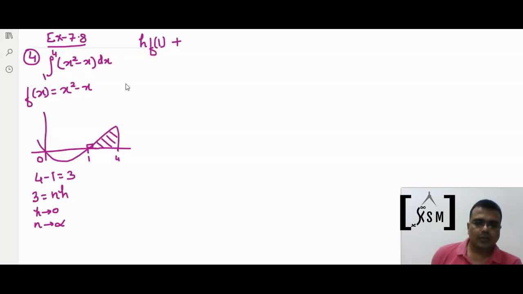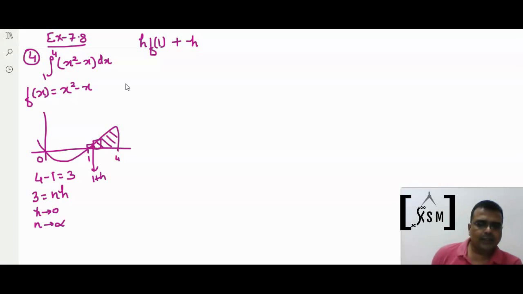The second rectangle's width would again be h, and the x value is 1 plus h here, right?